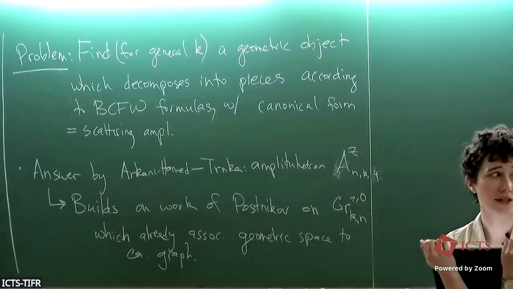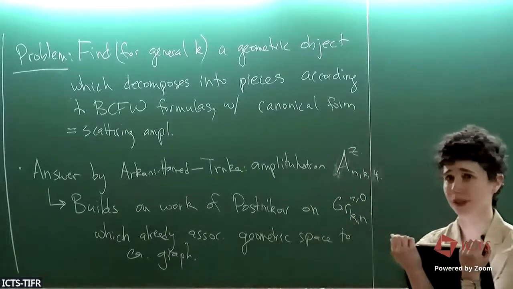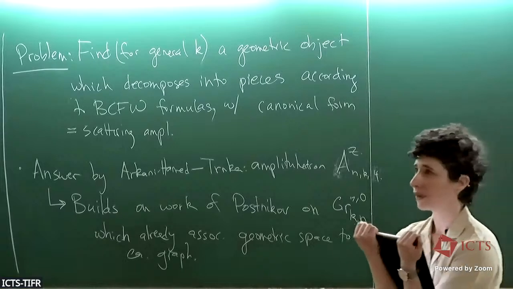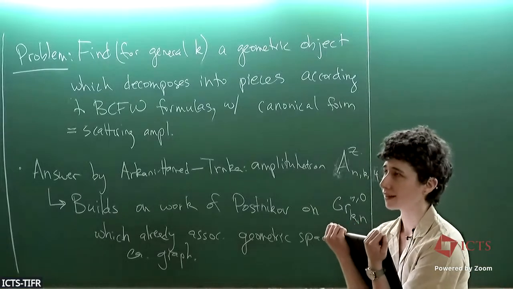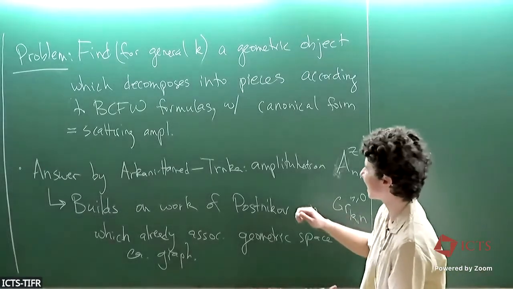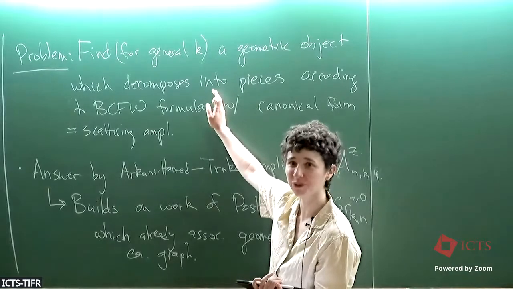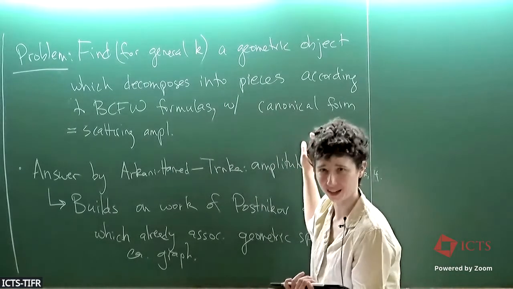So as far as I know, it's not totally clear. Maybe what I should say is this: so far, the focus of mathematicians has been on the first part of this sentence, before the "with canonical form equal to the scattering amplitude."